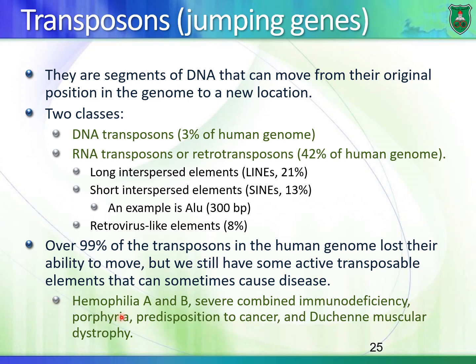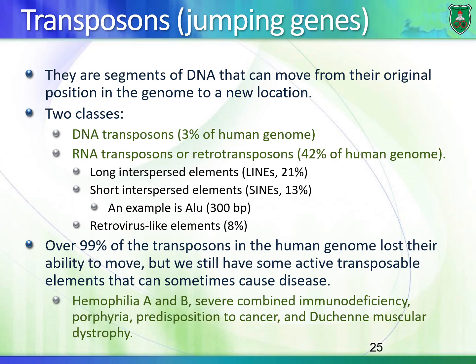Examples include hemophilia A and B. Hemophilia is basically a blood disease that results in excessive bleeding, so blood does not coagulate normally, so the person keeps on bleeding. You have severe combined immunodeficiency. There is porphyria, which is related to heme metabolism. Cancers can also be caused by transposons moving. We have Duchenne muscular dystrophy, another example.